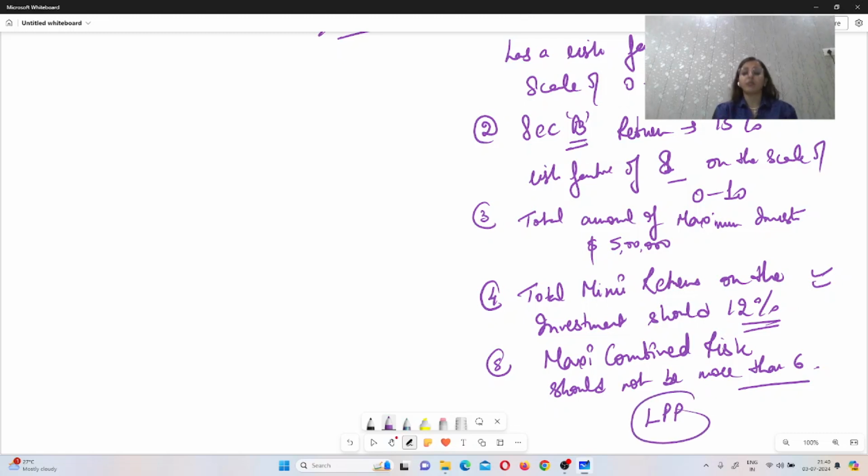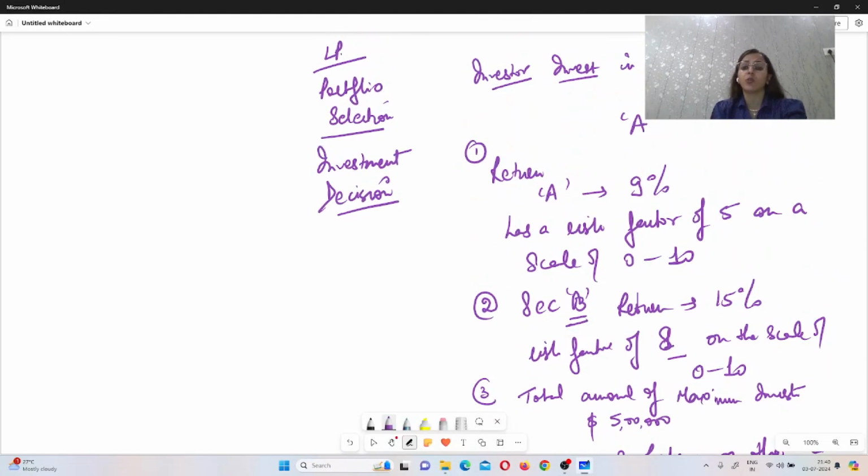Hope you are able to understand the information given. Just having a look once again. We are using this linear programming question in investment decisions, or in portfolio selection. An investor has two securities.